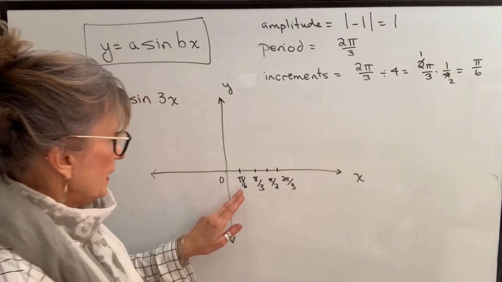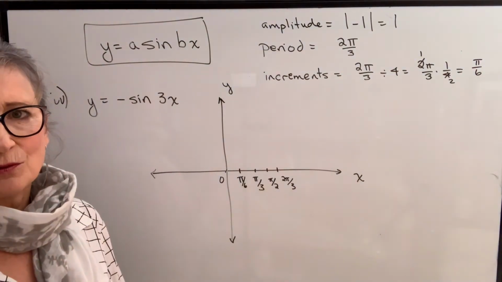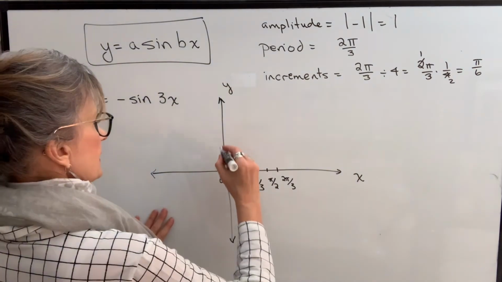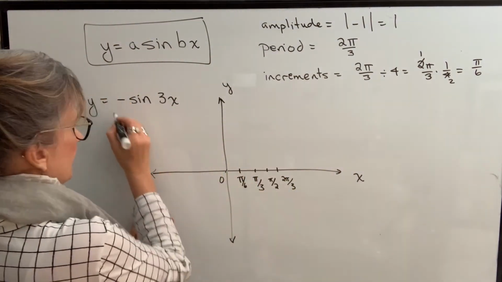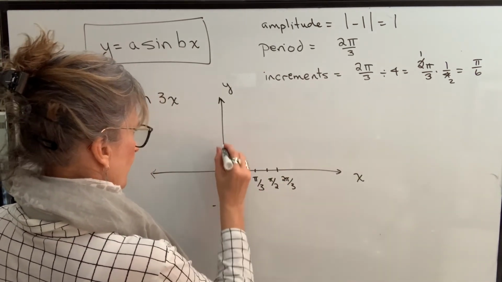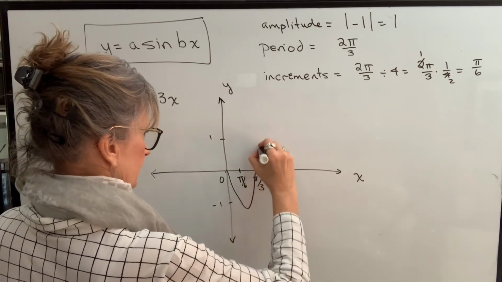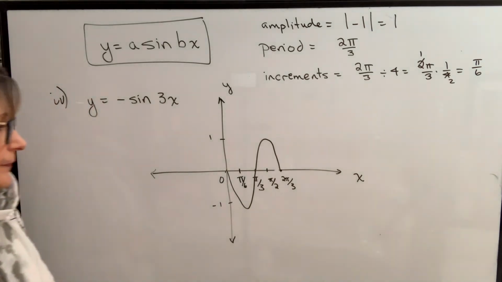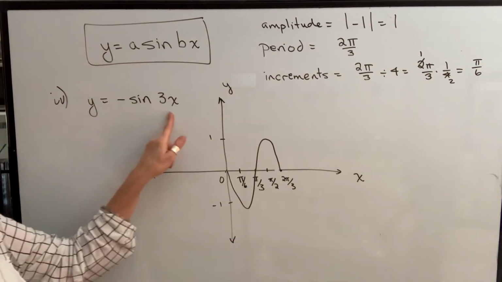You can write them as pi over 6, 2 pi over 6, 3 pi over 6, 4 pi over 6 if you wish, but I typically reduce fractions. Now, instead of the sine function going up, because of this negative, we flip it, so it goes down to -1 first. So the graph will look like this. And that's one cycle of this graph.